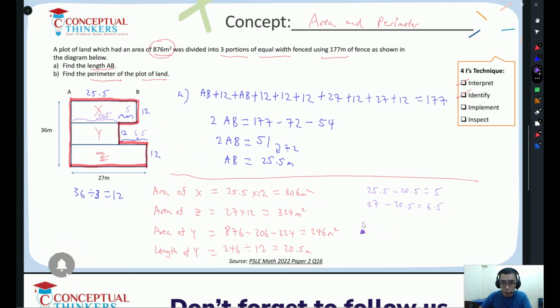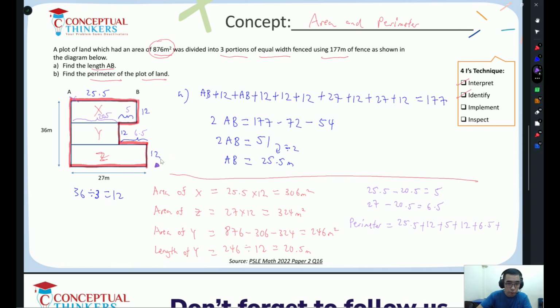Okay, so lastly we can start to calculate the perimeter of the land, right? Let's start with here. I'm going to go clockwise again. So we have 25.5 plus 12 plus 5 here, so plus 12 plus 5. Then add another 12 here. Then I add 6.5.